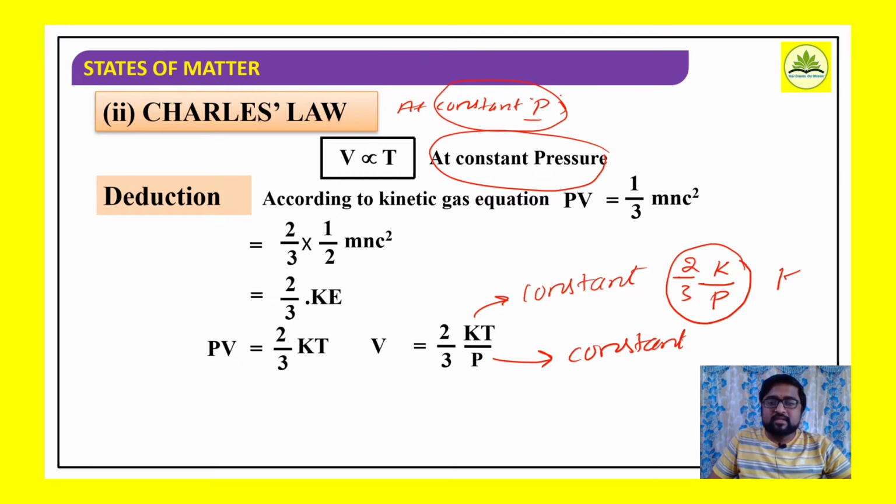Say I will consider it K prime, instead of that 2 by 3 K by P. Now what happens here? V will be equal to K prime into T. Yes or no?